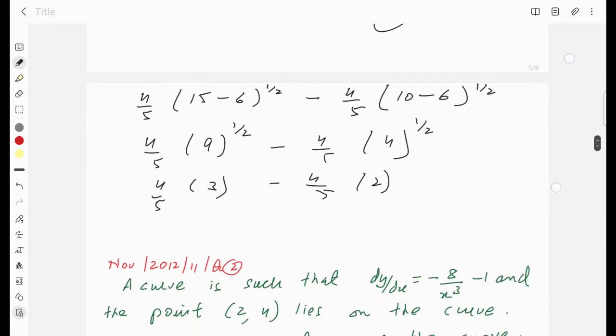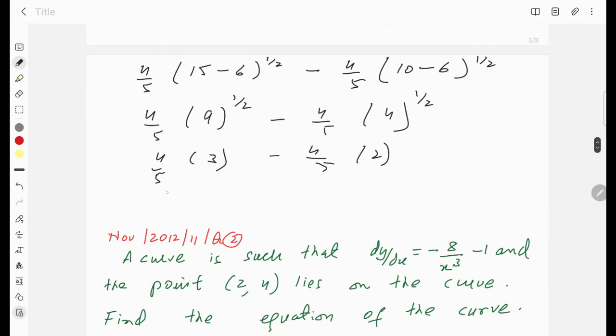And this will be 12 over 5 minus 8 over 5, and this will become 4 over 5. And this is the answer for the definite integral.